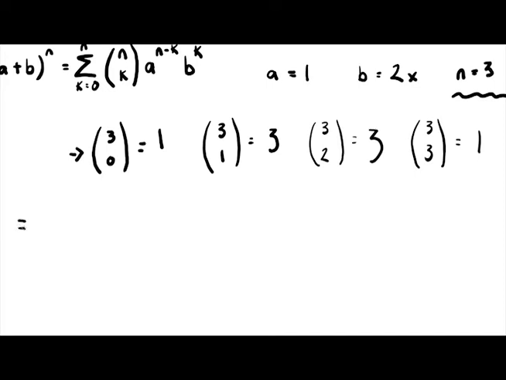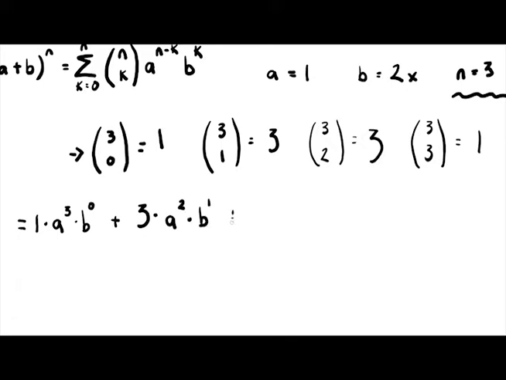So this will give us 1 times a to the 3 minus 0 power, so that would be a cubed, times b to the k, which is 0 power. B to the 0 is 1, plus the second term, which would be 3 choose 1, 3, times a to the 3 minus 1 power, so that would be a squared, times b to the first power.